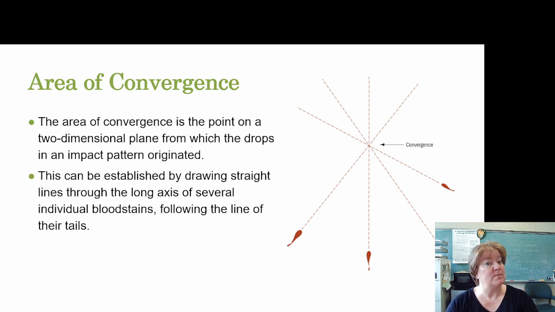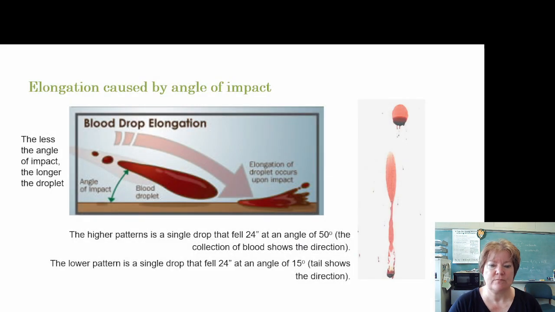Along with that, we talked about the elongation. So the elongation has to do with the angle it's traveling sideways. It's not traveling straight down. And instead of getting a circular blood stain, I get an elongated or oval blood stain. And the shape of the ovalness will tell me what direction, the angle it was coming from.